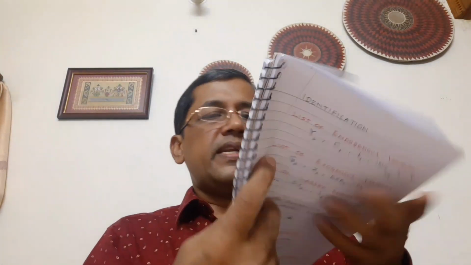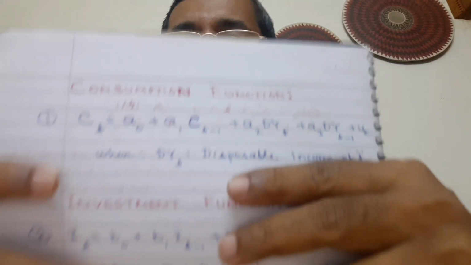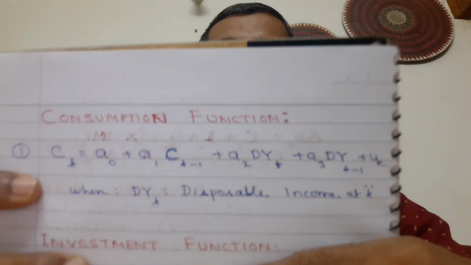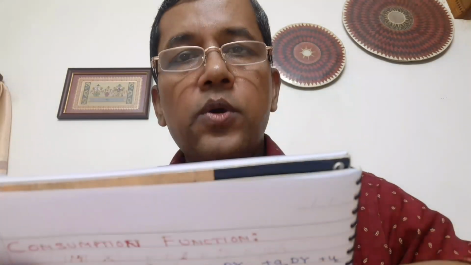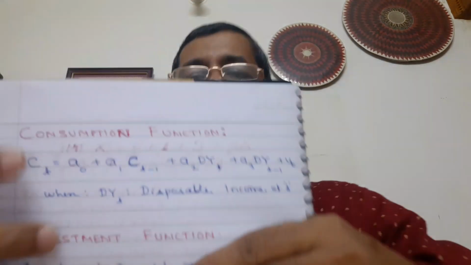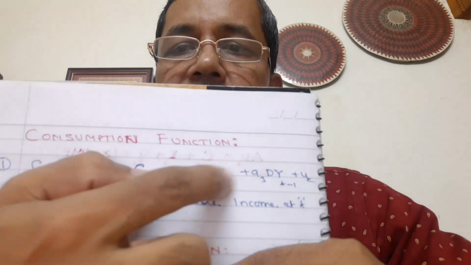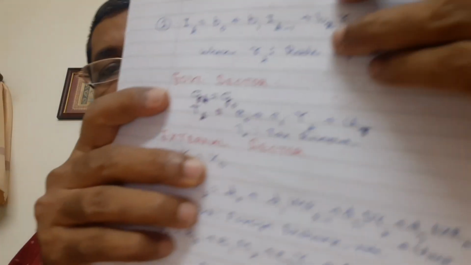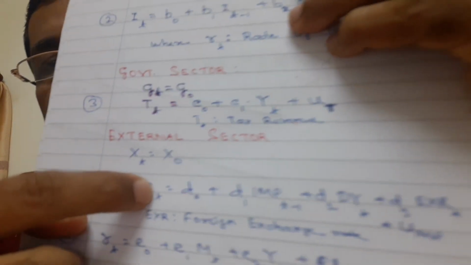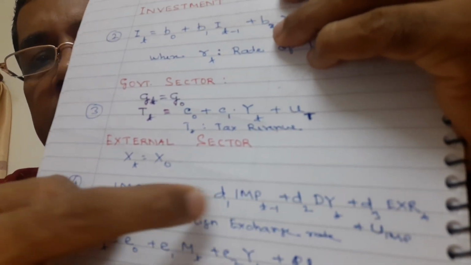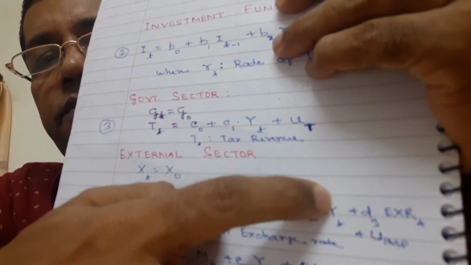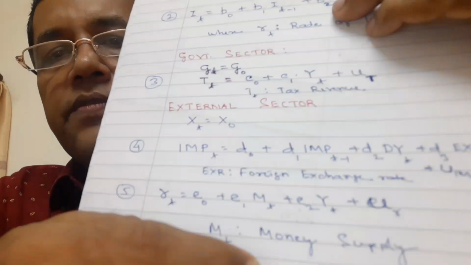For example, in our consumption function we have only one endogenous variable, which is DYT, and in its presence we cannot apply the OLS technique, so we'll try to find an instrument which will replace DYT. Similarly, if I go to any other equation, say the investment equation, the endogenous variable is again DYT, so we'll try to find an instrument for this.